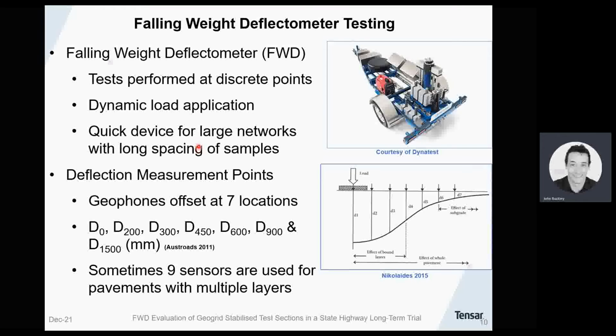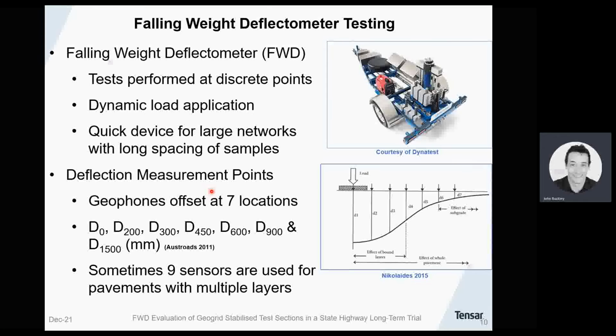for testing large networks. The deflections are measured at discrete points from the centre of the load application using geophones. A typical setup involves 7 different deflection offsets from D0, which is situated directly under the centre of the load, to 200, 300, 450, 600, 900 and 1500 millimetres from the centre of the load.